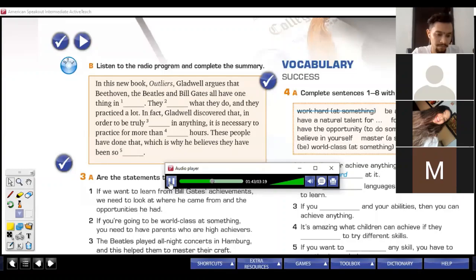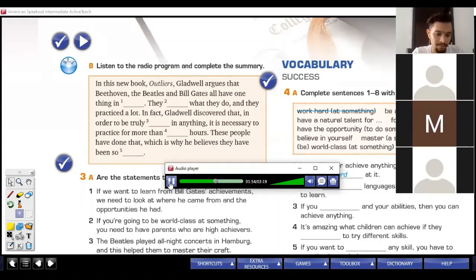So, what's that? Well, they both practiced what they do, and they practiced a lot. Right. So, how much is a lot? A lot is 10,000 hours. That's like the magic number if you're going to become world-class at anything in the world. You need to put 10,000 hours practice in. Oh, okay. So the Beatles, they were doing gigs, like all-night gigs in Hamburg, in these little clubs, and just the number of hours that they put in on the stage allowed them to master their craft.